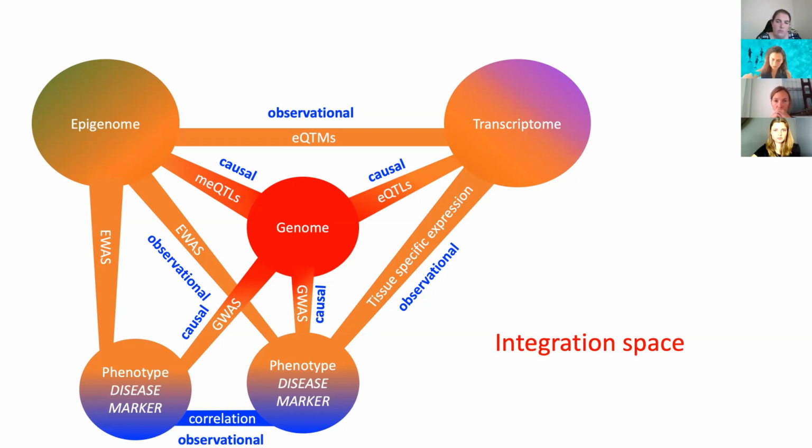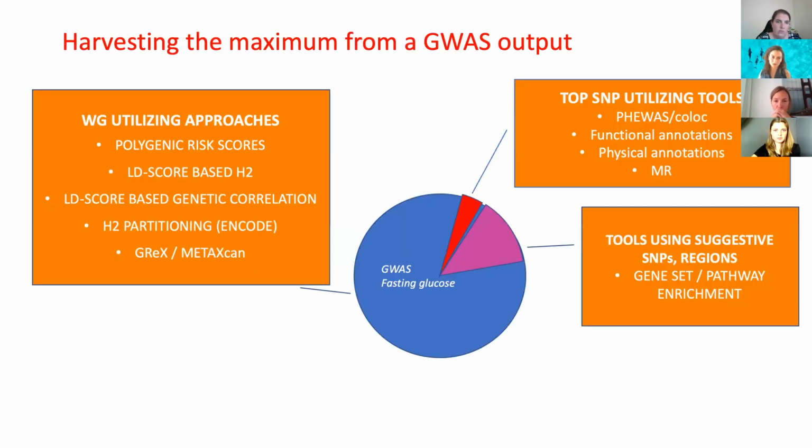So this brings me to harvesting the best from genome-wide association studies, because all the integration is circling around these one, or I don't know, million GWAS outputs, GWAS tables that we make available or we download from a website. So how do we do this?